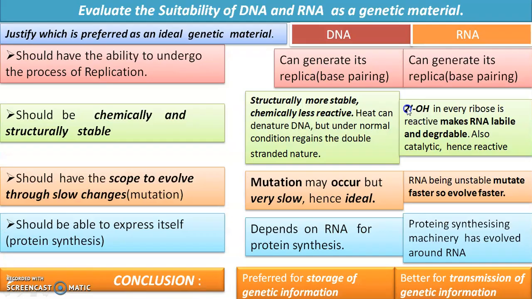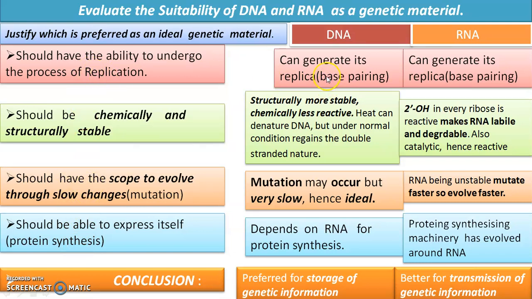It degrades faster. Now, understanding all those differences, one important question that can come up is to evaluate the suitability of DNA and RNA as a genetic material. You may be asked to justify which is preferred as an ideal genetic material, DNA or RNA. So you evaluate it on the basis of these points. What are the points? Can the molecule replicate?